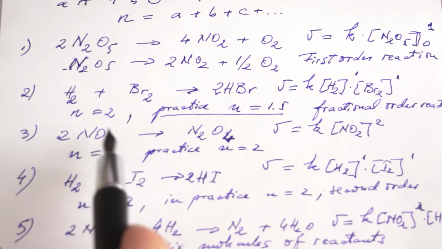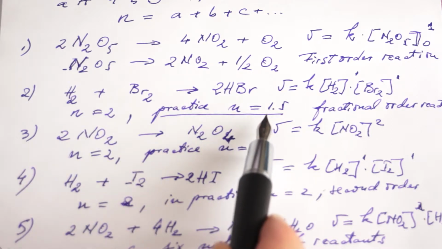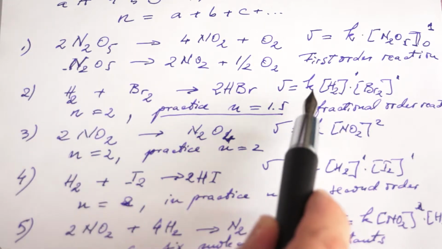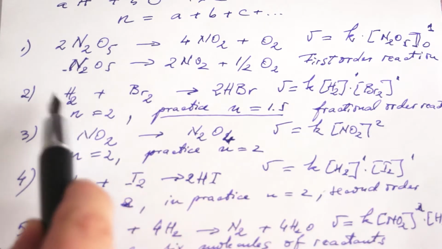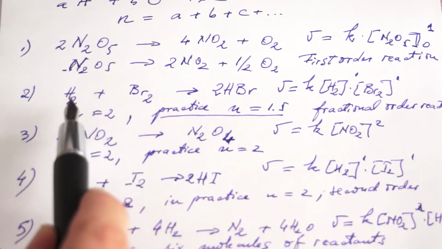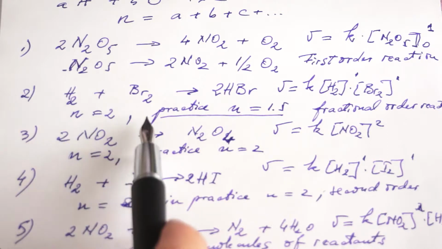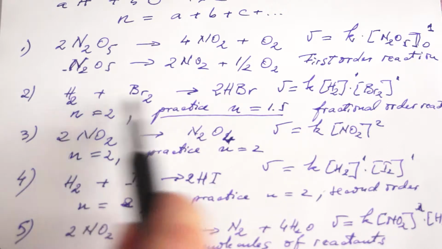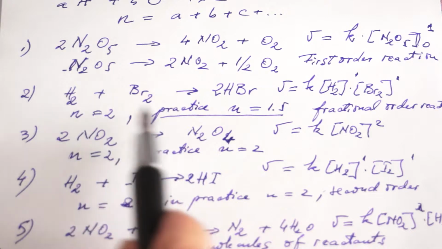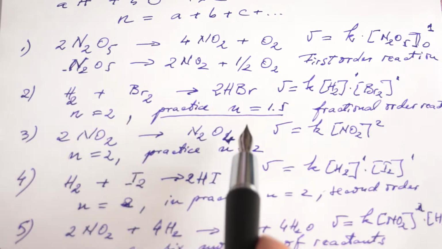We also gave an example of a fractional order of reaction where n was 1.5 instead of the theoretically predicted 2, the sum of the stoichiometric coefficients. The reason is that the reaction undergoes a more complicated mechanism in several steps.